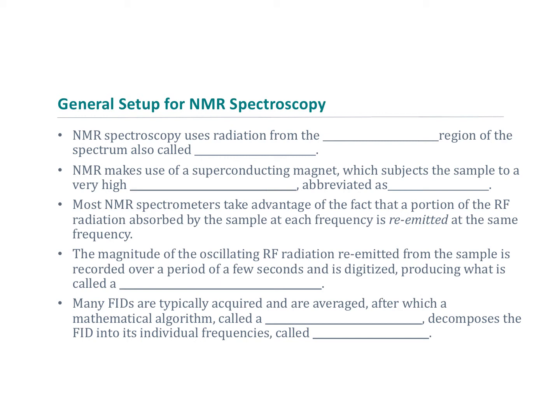So we've talked a little bit about this, but I want to give you a summary of the general setup, right? We already spoke about this, but NMR spectroscopy uses radiation from the radio frequency, abbreviated as the RF region of the spectrum.